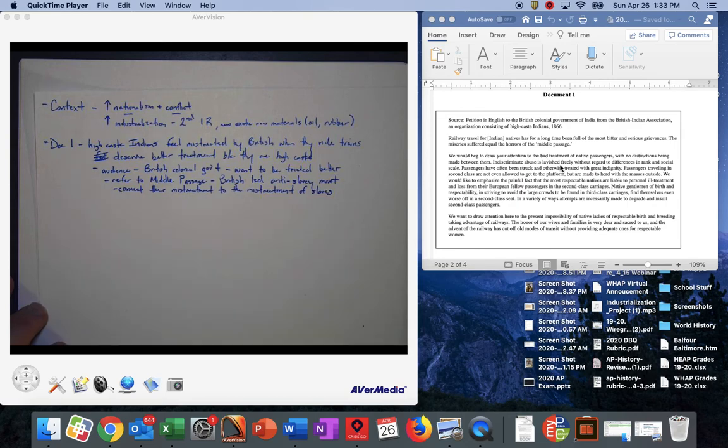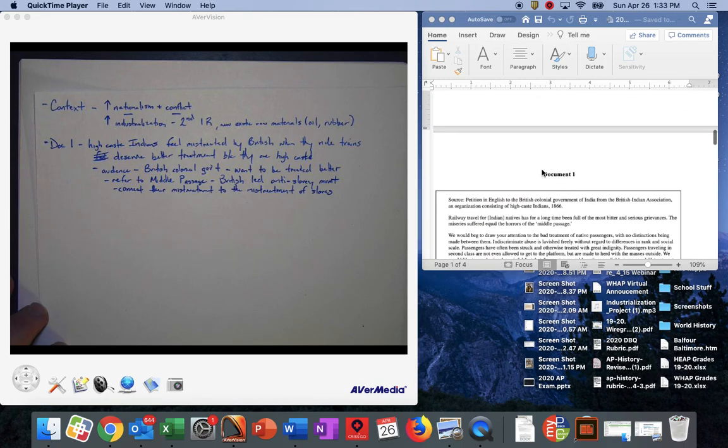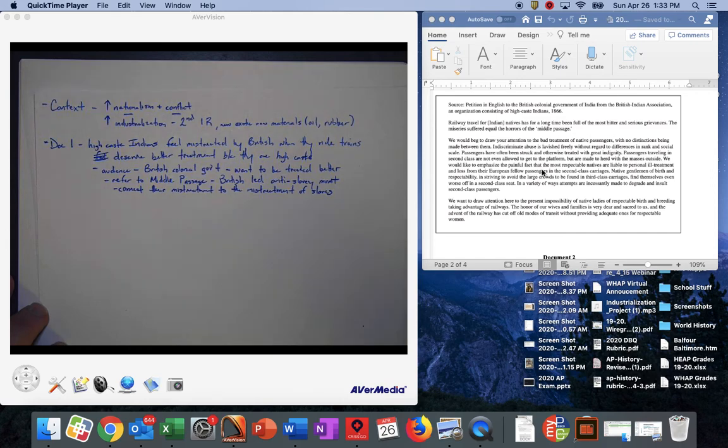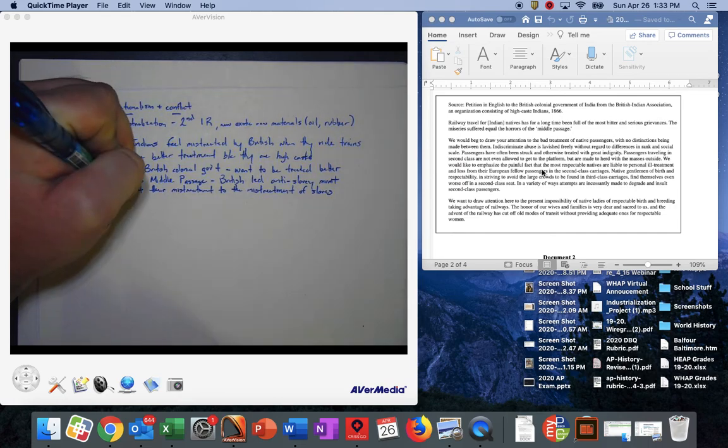So remember that the question is asking us about how railroads affected the process of empire building. So I want us to try to think about, as we go through this, different types of effects. And so for this first one, I think that there is a social or a cultural effect.